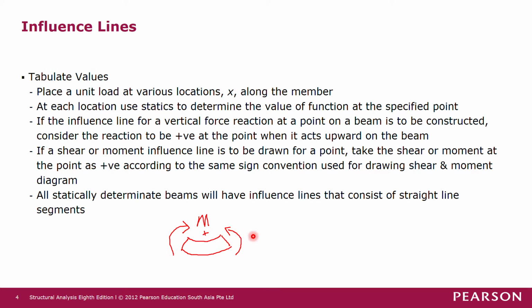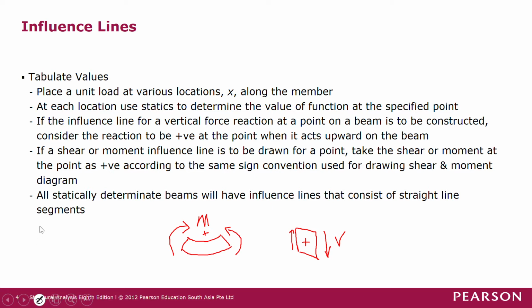And then for shear, we take shear that causes the element to deform this way as positive. So this is shear. We take this as the positive direction for shear.